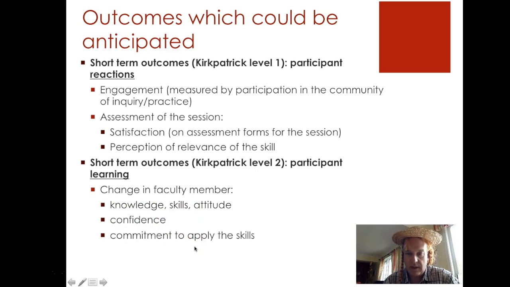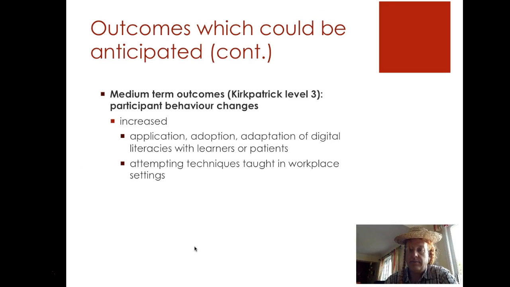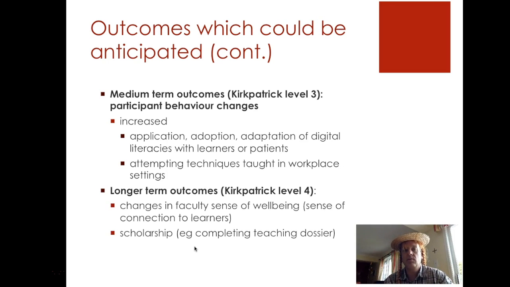So these are things that are relatively easy to apply. More medium-term outcomes would be things like whether or not they applied or attempted the skills in their workplace. Longer-term outcomes, whether there's increased sense of well-being or connection to their learners, or scholarship, such as completing a teaching dossier. So this is stuff that we could look for down the road, but in the short term, I'd like to see if some of the outcomes are being achieved.